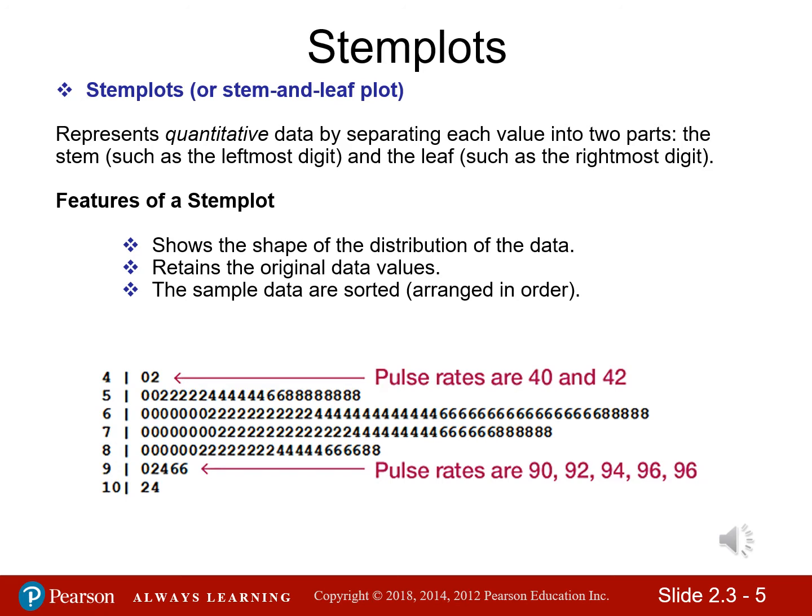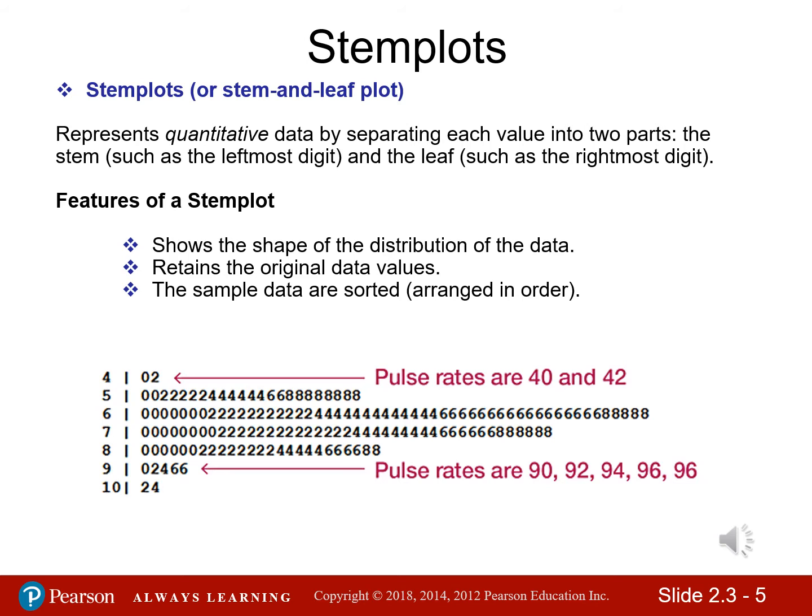Some features of a stem plot include: stem plots show the shape of the distribution of the data. Stem plots retain the original data values in the data set, and the sample data are sorted or arranged in order. In this example, we see that our stems are the numbers to the left of the vertical bar.